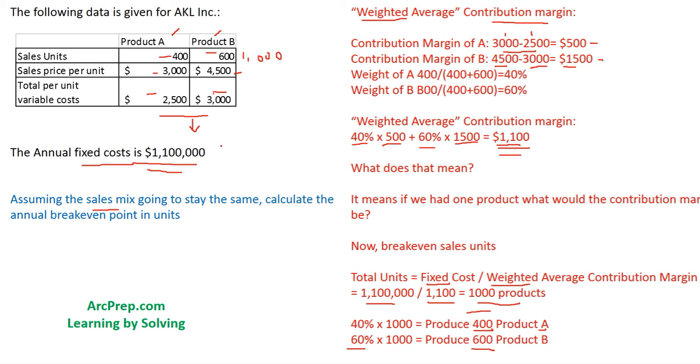So it is, one more time, 400 times 3,000 plus 600 times 4,500 minus 400 times 2,500 minus 600 times 3,000 minus the fixed cost 1.1 million is going to give me 0, which is the break even.